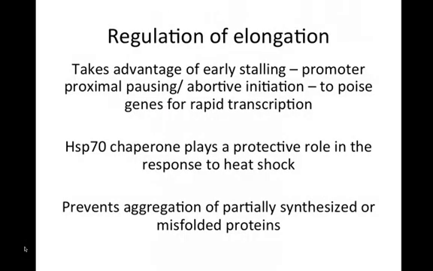Okay, so we talked about regulation of initiation, right? Then you can also regulate at the level of elongation. This takes advantage of early stalling, which is also called promoter proximal pausing or abortive initiation. Remember, when you start transcription, you get like these 10, 20 nucleotides transcribed, and then there's the stalling.